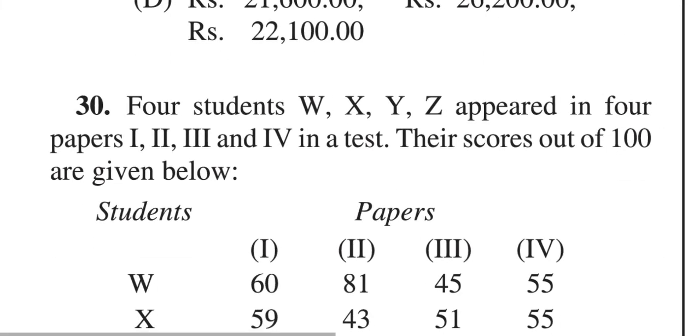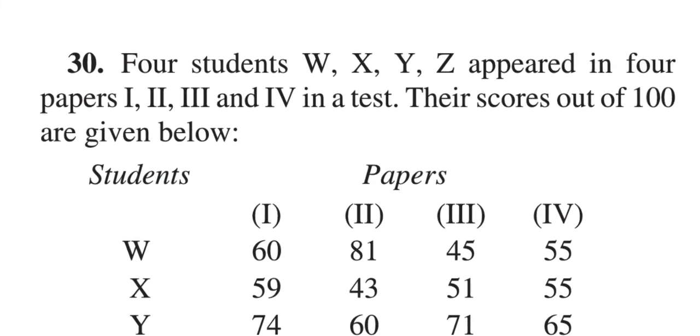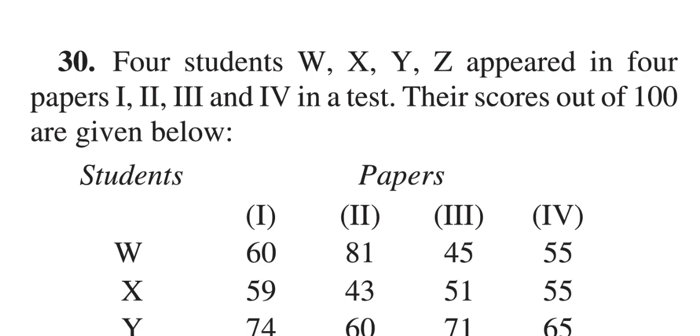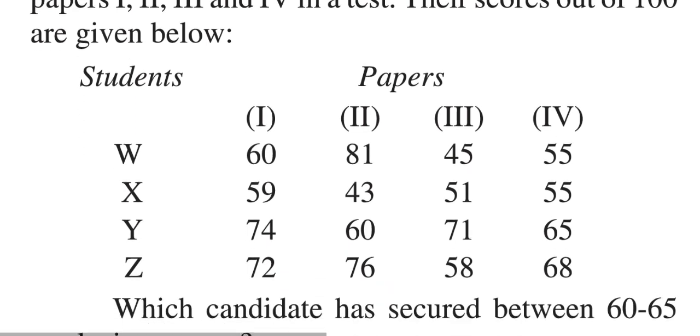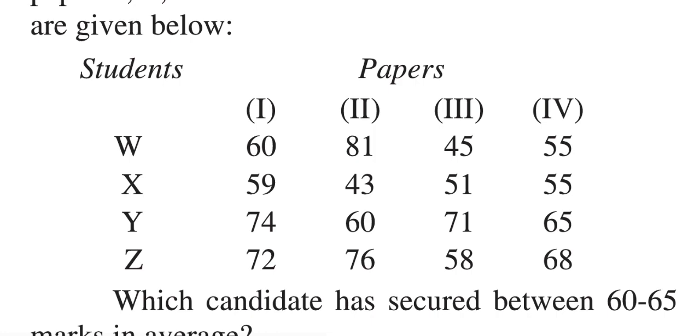Next, it is also related to a mathematical sum. 4 students W, X, Y, Z appeared in 4 papers 1, 2, 3 and 4 in a test. Their scores out of 100 are as given below. In paper 1 W has got 60 and subsequently it will follow 60, 59, 74, 72. In paper 2: 81, 43, 60, 76.